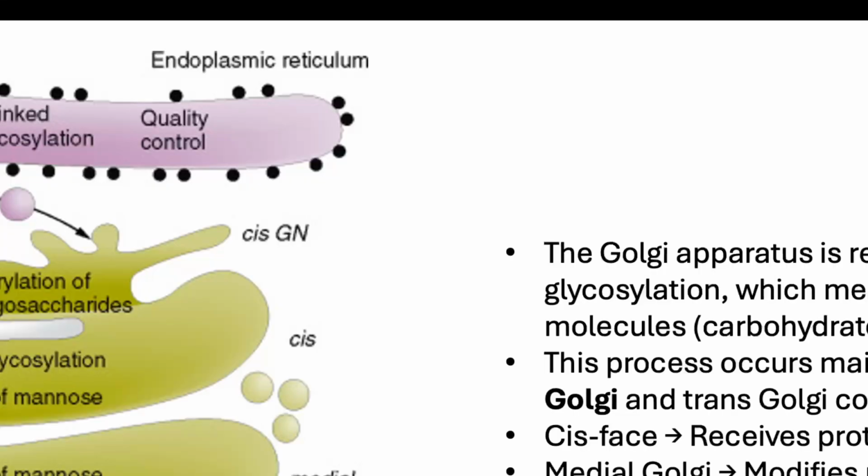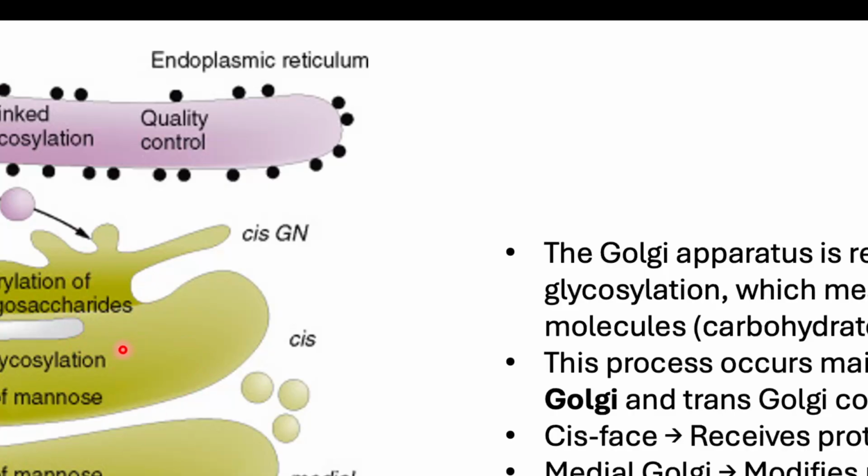So let us understand the different compartments in the Golgi apparatus. A Golgi apparatus has three compartments: the cis compartment, medial compartment, and the trans compartment. The cis compartment is the closest to the endoplasmic reticulum. Then in the middle we have the medial compartment, and towards the plasma membrane is the trans compartment.